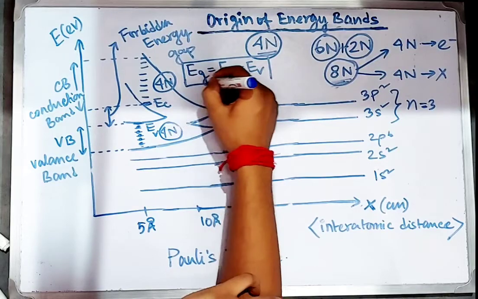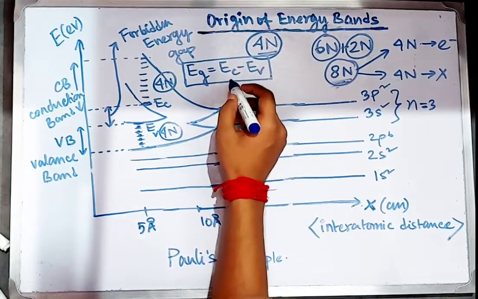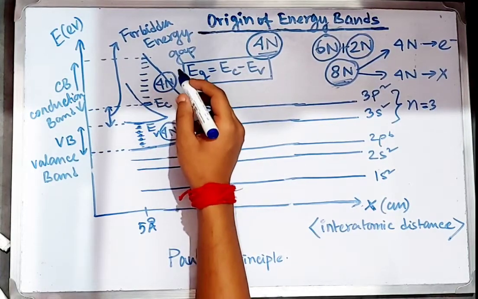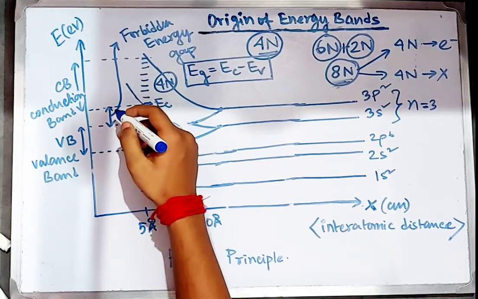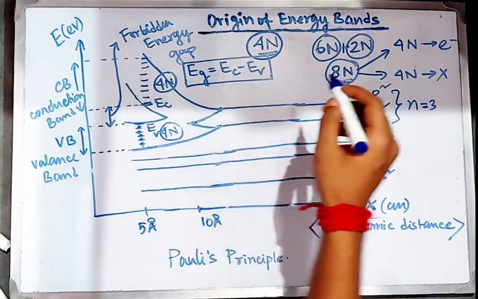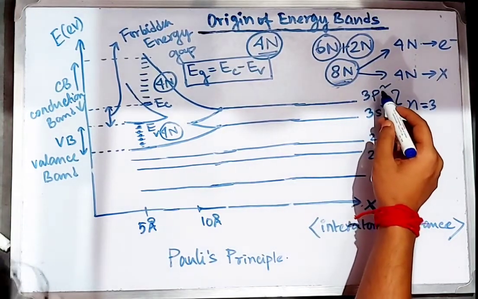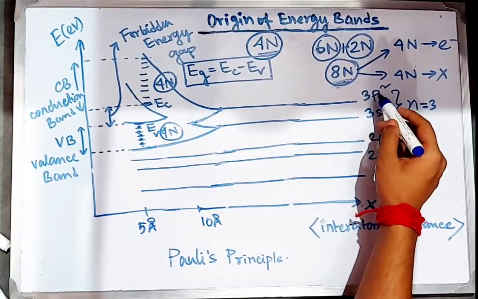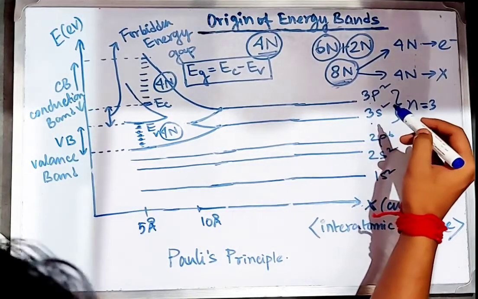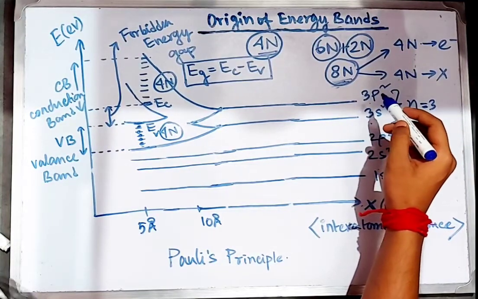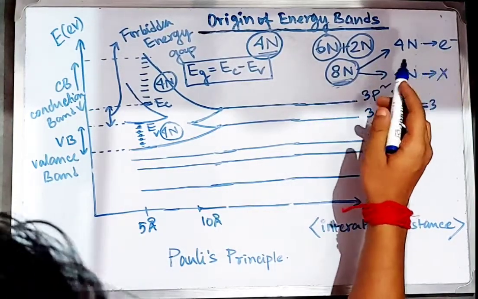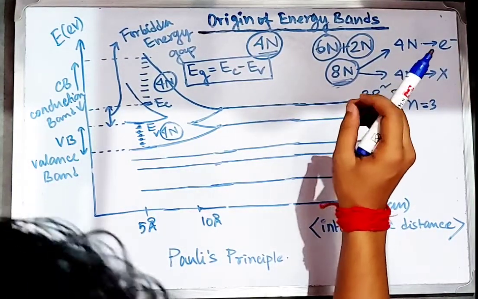So the difference between the lowest energy state of the conduction band and the highest energy state of the valence band is the forbidden energy gap. Of course, we can see that no electron can be present within this forbidden energy gap, because in a combined way, if we combine 3p and 3s, there must be a capacity of holding 8n electrons within a unit volume of silicon crystal.